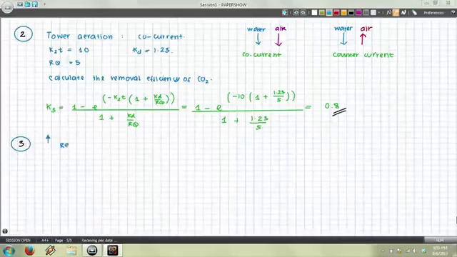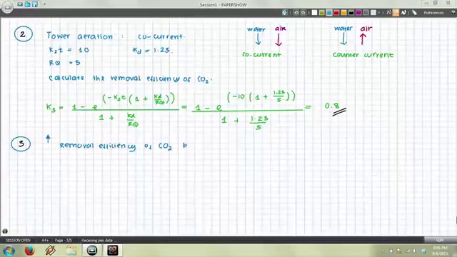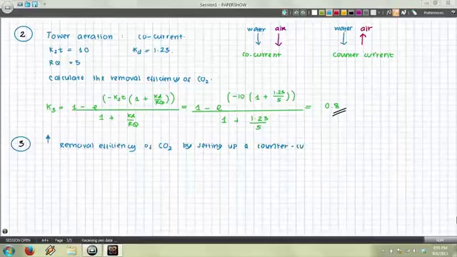We can increase the removal efficiency of CO2 by setting up a counter current flow in the tower aerator.